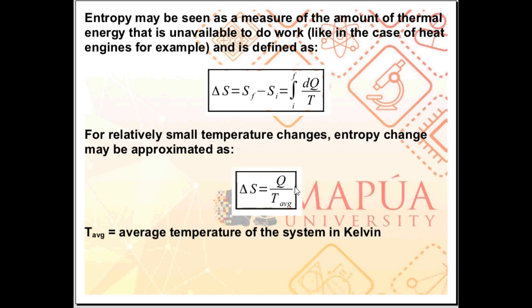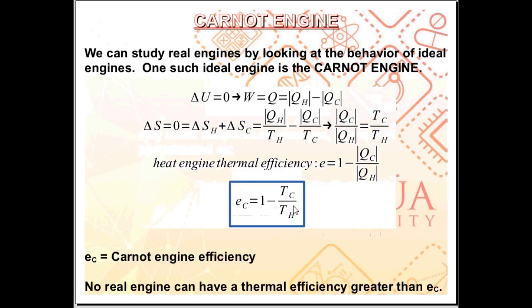So Q over T, meaning if you have QH, then you have delta SH. And if you have QC, you have delta SC. And delta S is equal to delta SH plus delta SC, the total change in the entropy of the system. Now, delta S is equal to or greater than 0.